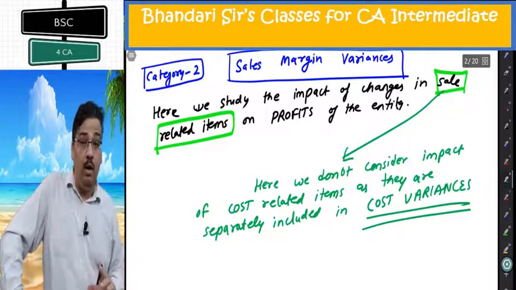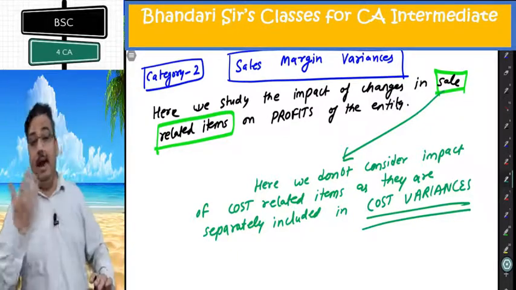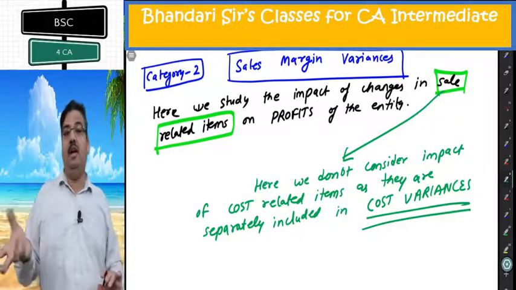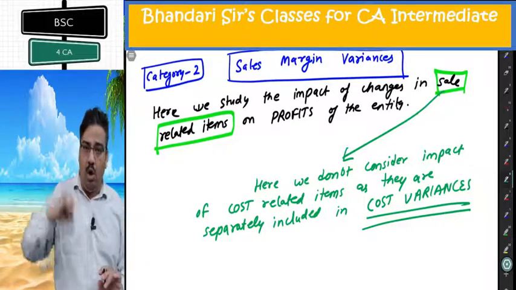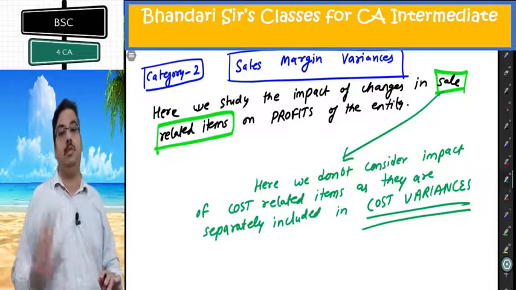We don't want that actual cost and planned cost, their differences affect profit. They do affect profit, but that will not be considered in sale margin variances.